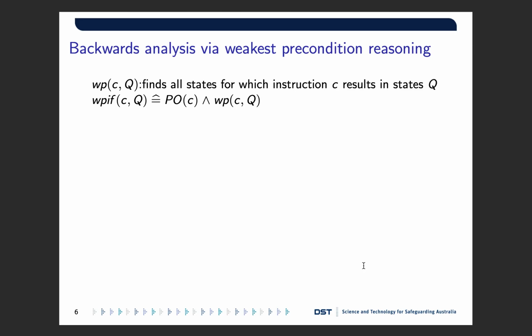If we conduct this analysis backwards, we make use of the weakest precondition predicate transformer, WP. WP of an instruction C to reach a postcondition Q defines all states for which instruction C results in states specified by Q. We extend this to a predicate transformer that we termed WPIF, that just conjoins the weakest precondition for our instruction to reach Q with the proof obligation of that instruction.